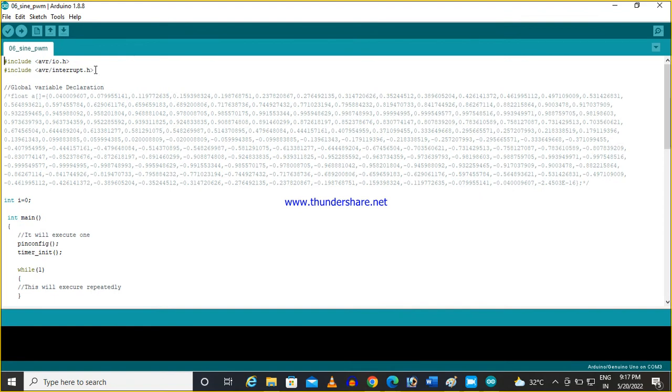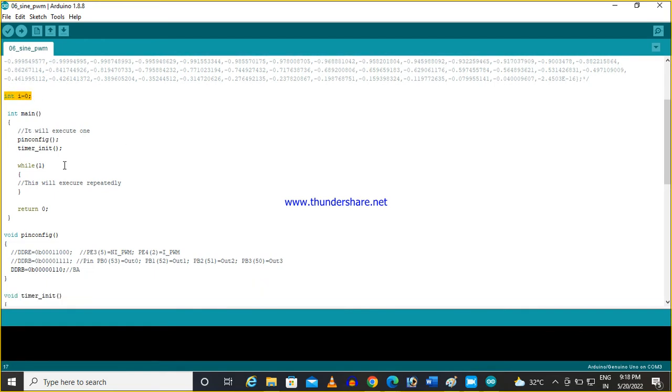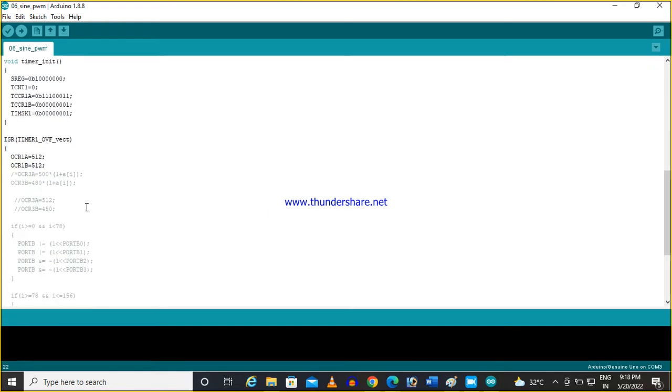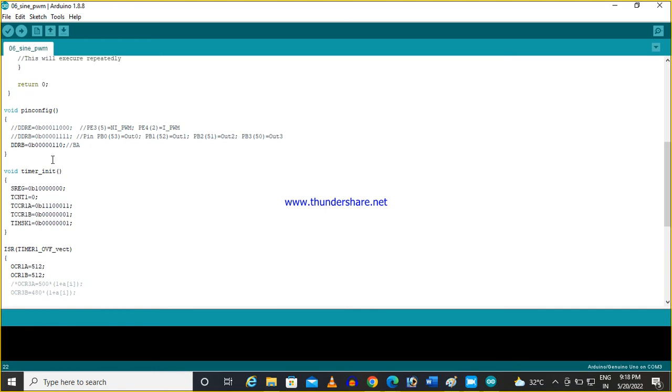Here this is a header file, and I am using one variable, I counter. Now pin config. In the pin configuration, I am using two pins. Why these two, B1 and B2? Let us see.